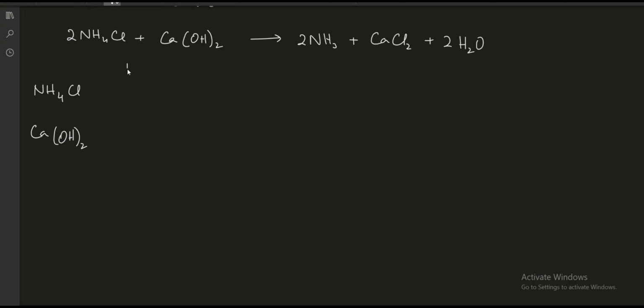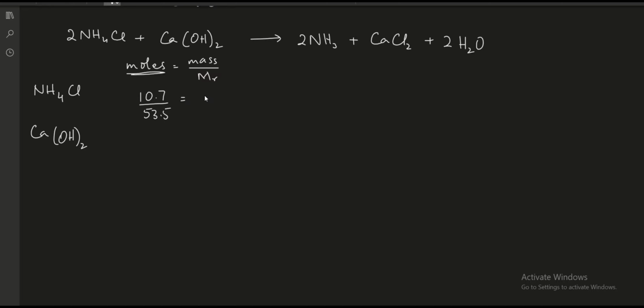First of all, in the first step we will find the number of moles, and the formula is the given mass in gram divided by their MR. The values are given in the question. The number of moles for NH4Cl would be its mass given in the question, 10.7, divided by its MR, which is 53.5.